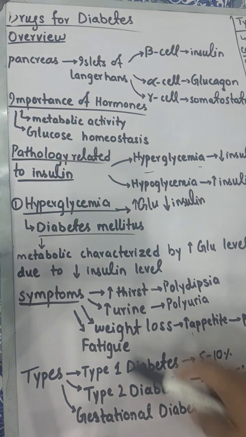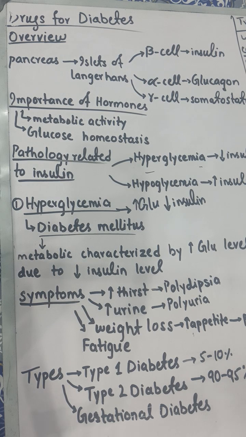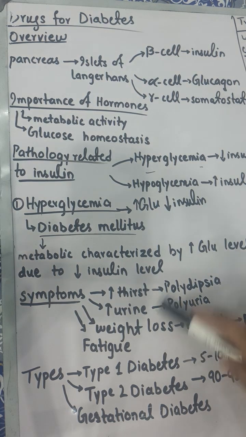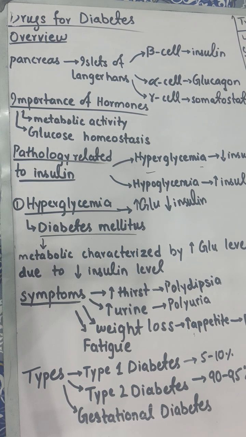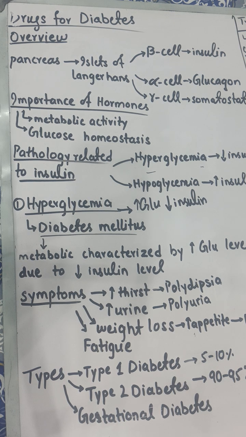And you will feel fatigue. Now you will ask the question: why is weight loss happening when the glucose level is high? Whenever the glucose level increases, the body weight should also increase. But the answer is that although the glucose level is high, due to very low levels of insulin, your body cells cannot consume glucose.